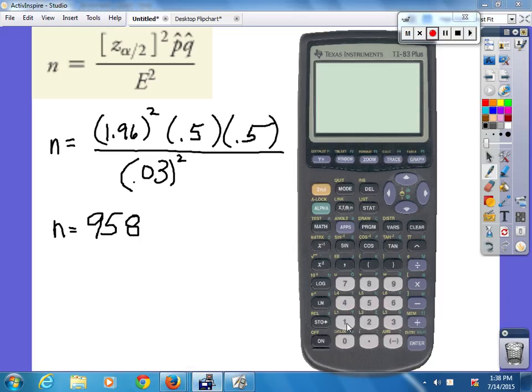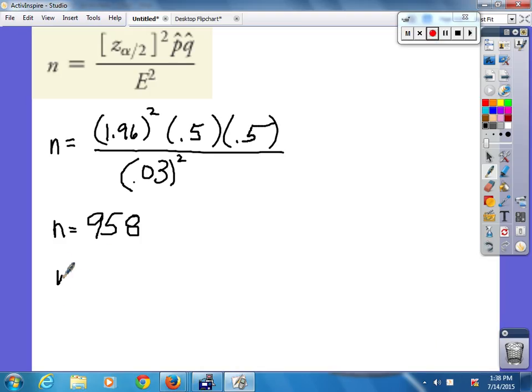So that's going to be 1.96 raised to the second power times 0.5 times 0.5 divided by parentheses 0.03 squared, and that's going to give me 1,067. 1,068.